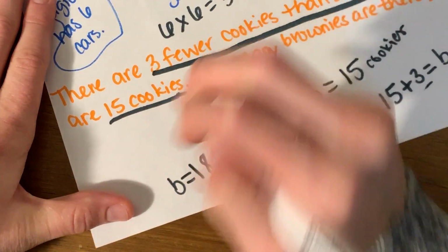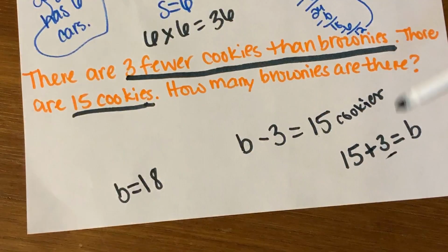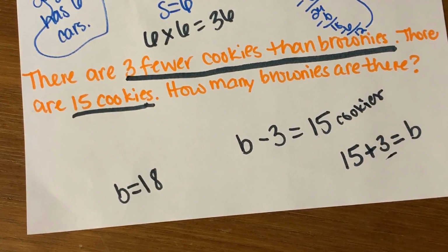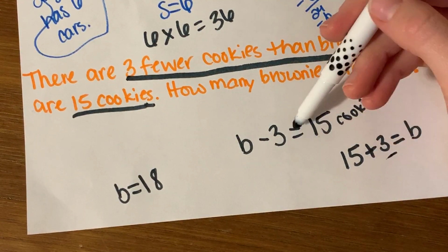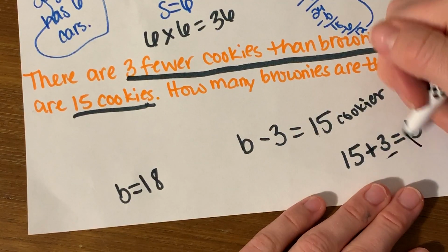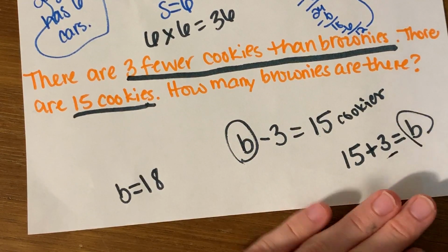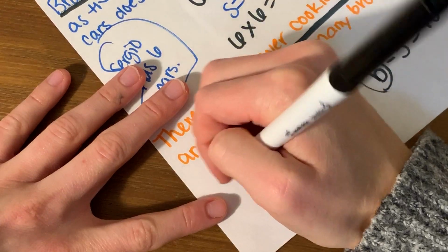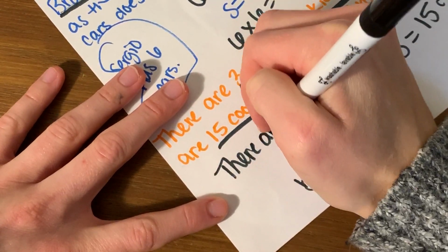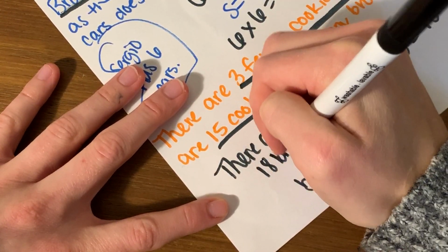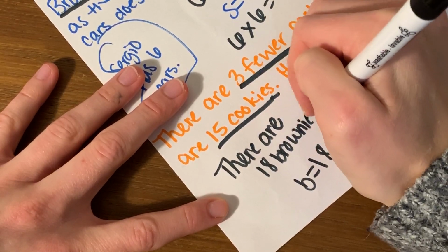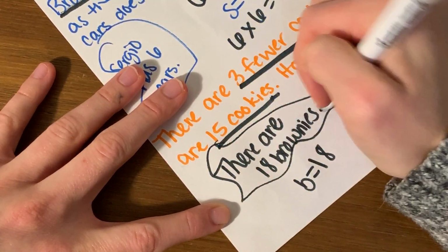Either way, B equals 18. And the reason why we can switch this around is because subtraction and addition are inverse operations, just like multiplication and division. So it's okay that we put the variable there. So there are 2 ways you could have written this one. It's just whichever way made more sense to you. So we can say there are 18 brownies. Okay.